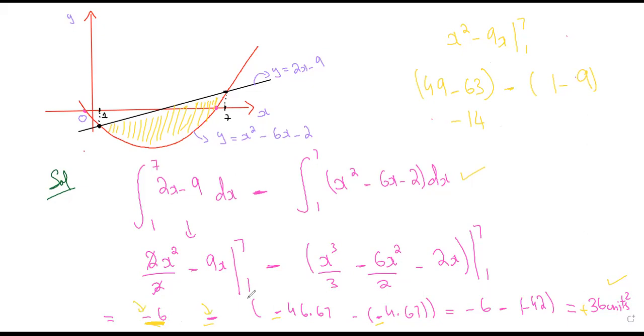We were getting negative answers because, as I told you, it is all about the orientation. This area is basically under the x-axis and this is above the x-axis. That is why we are getting the negative answers. Do not worry about that. In some scenarios where we have two shaded regions, you will find them separately and you will add positive only.